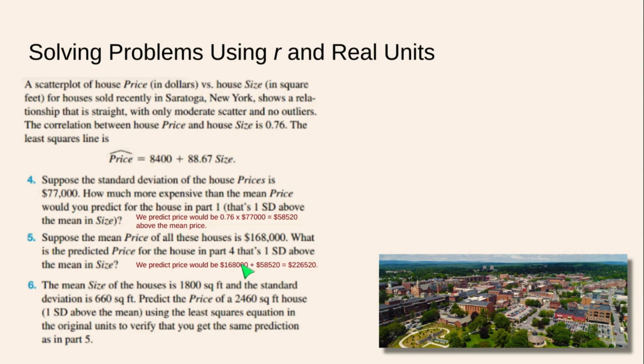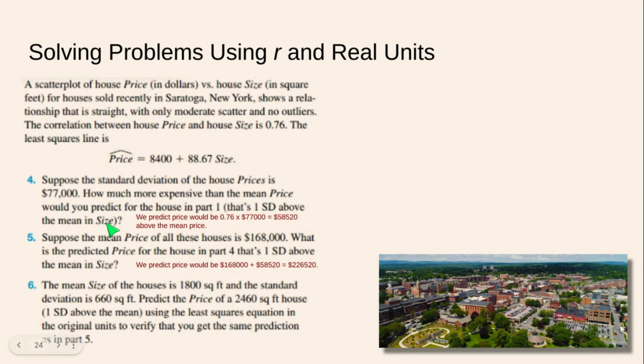We add those together, and we would get that amount. That would be the price of a house whose square footage is 1 standard deviation above the mean size.